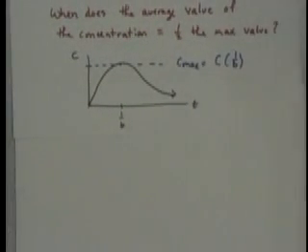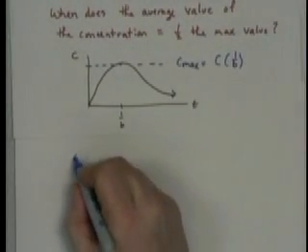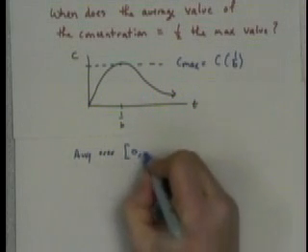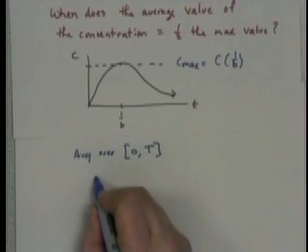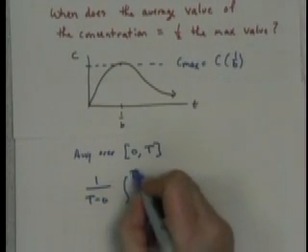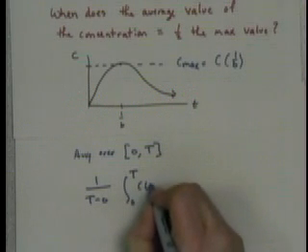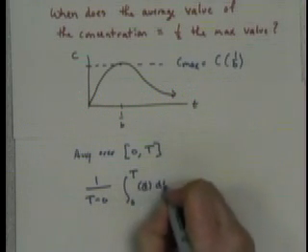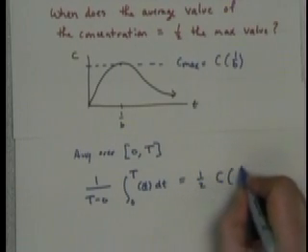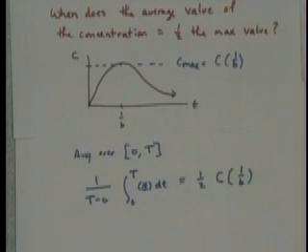So average value over 0 to some capital T is going to be 1 over T, capital T minus 0, times the integral from 0 to capital T of C of lowercase t dt. And we want to know when that's equal to 1/2 C of 1 over b. When is that, capital T?